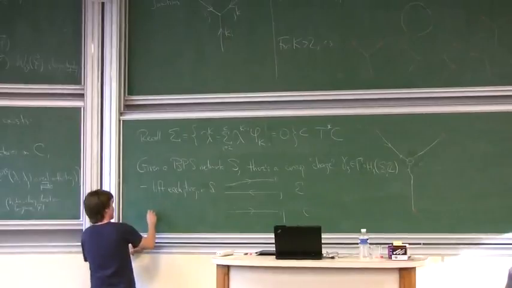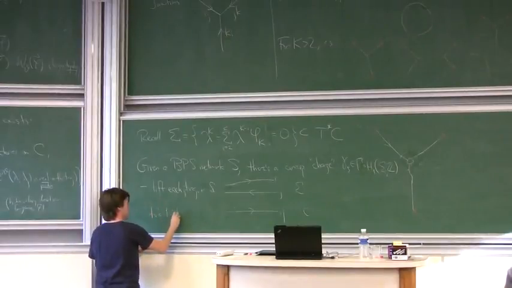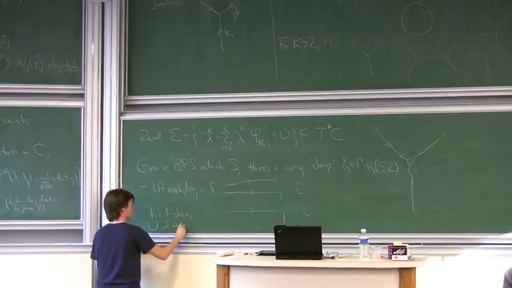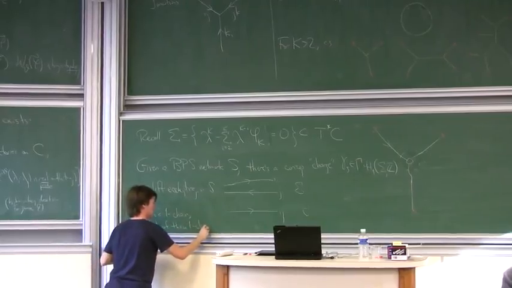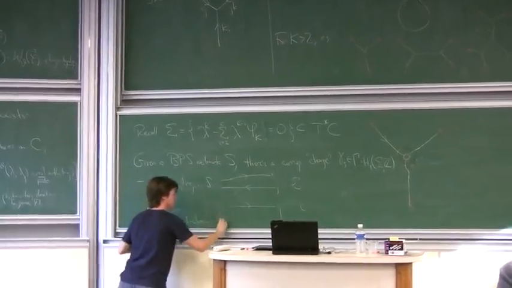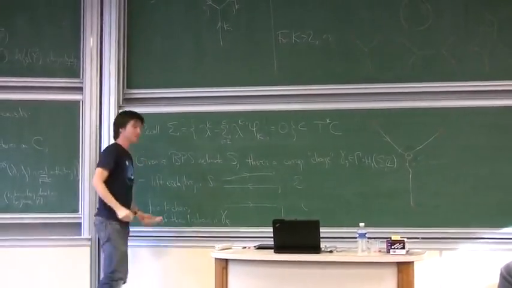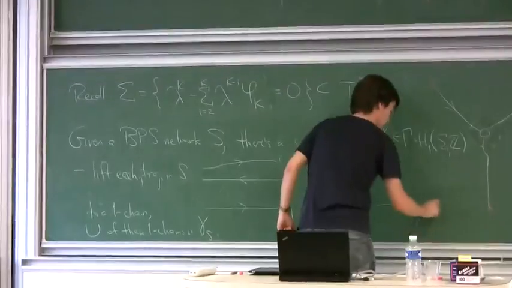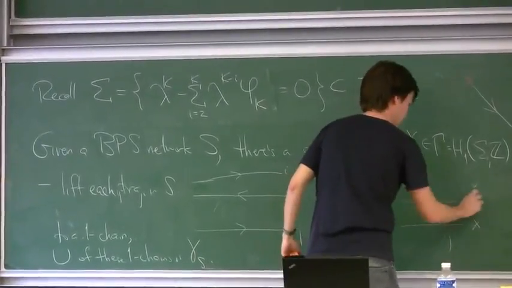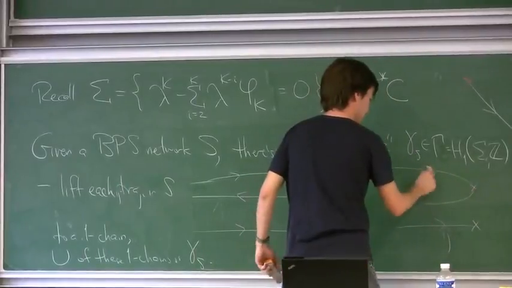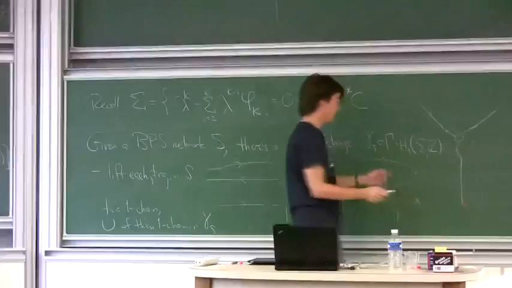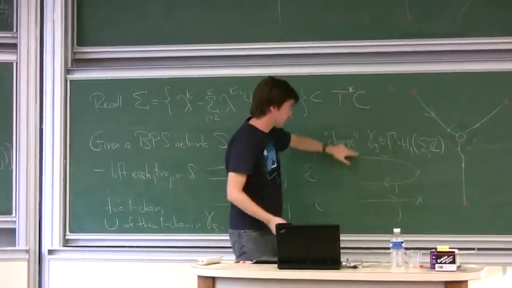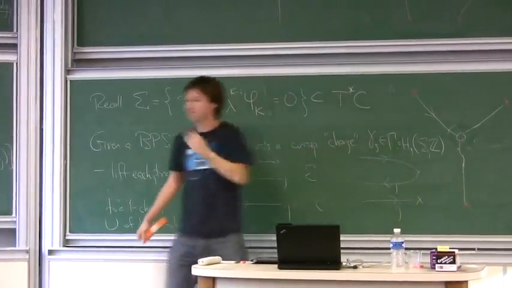So each trajectory lifts to a one-chain, and the union of these one-chains is gamma S. So for example, if the thing goes down to a branch point, then it lifts to something on sheet I and something on sheet J, so there's no boundary here. And similarly at the junctions, our condition at the junctions exactly arranges that these things sew up. Okay.